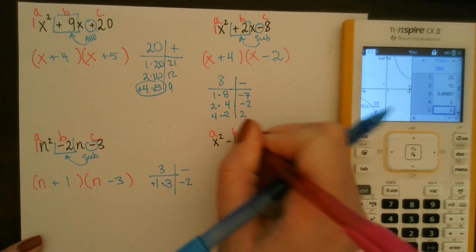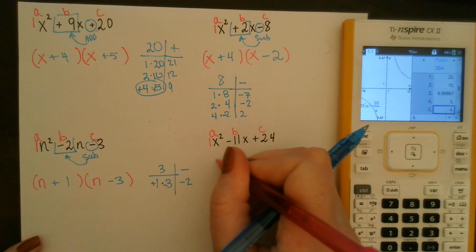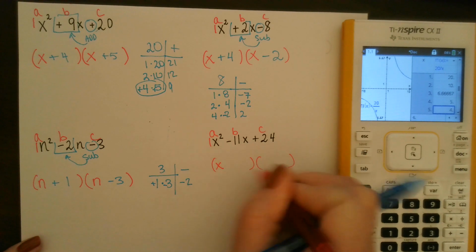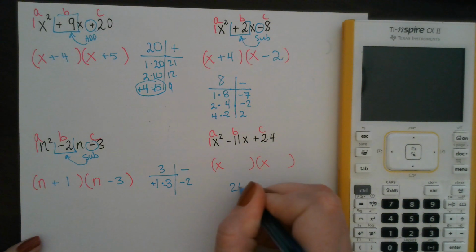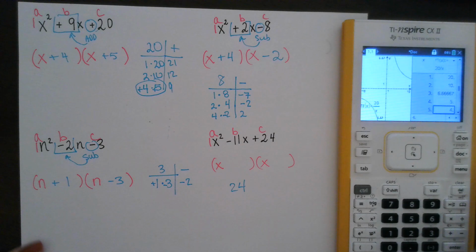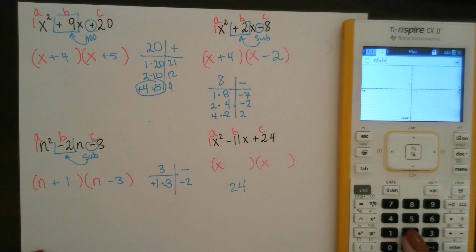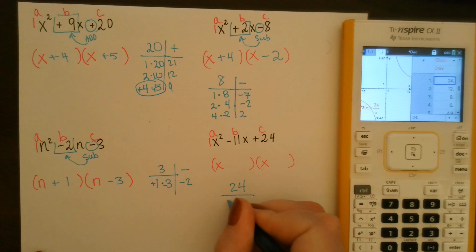Lastly, we have this example. Label A, B, and C. Because A is the 1, we can proceed with those steps like normal. Place your variables. And now we need factors of 24. To get all your factors and to be sure that you don't miss any, you can open graphs, type your number, 24, divide it by x, get a table, and it lists them all for you there.